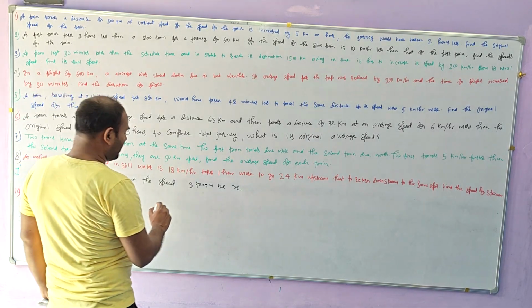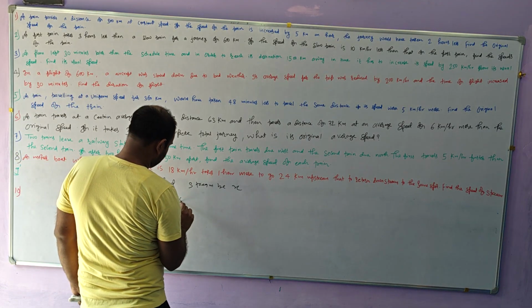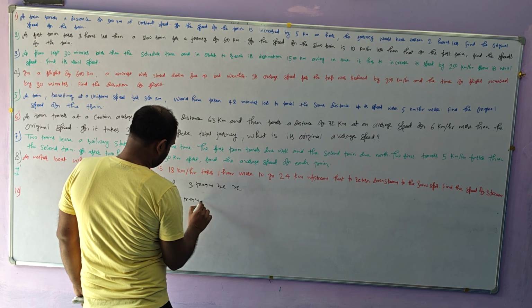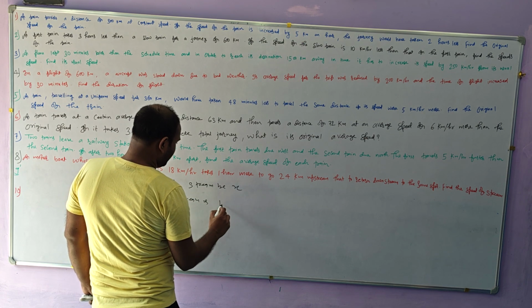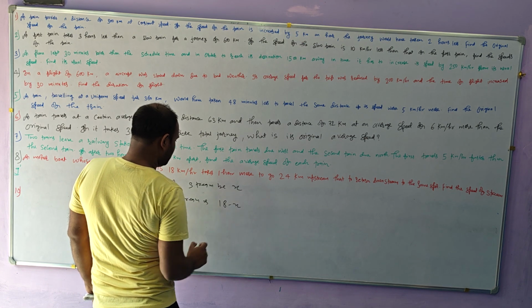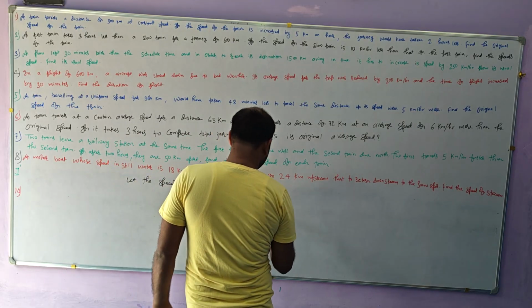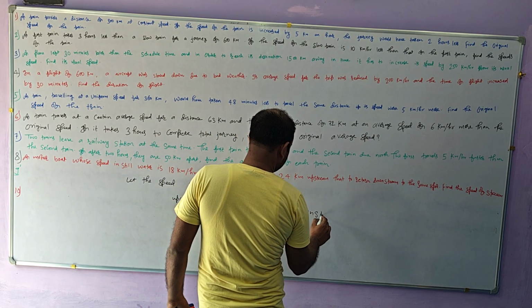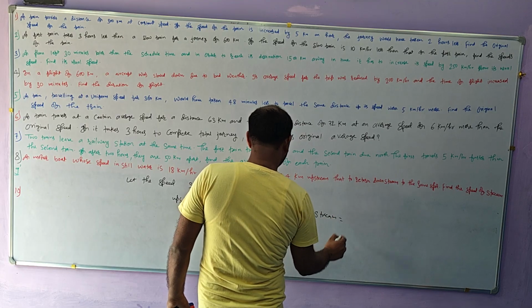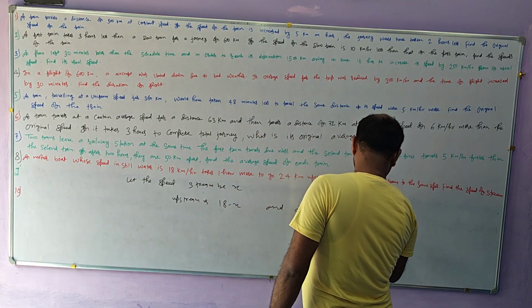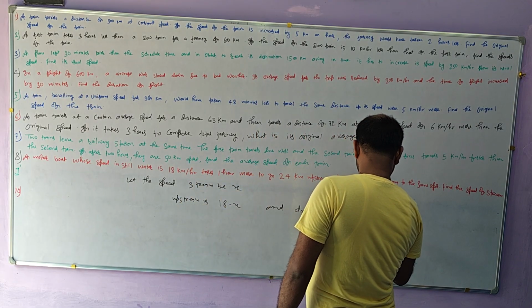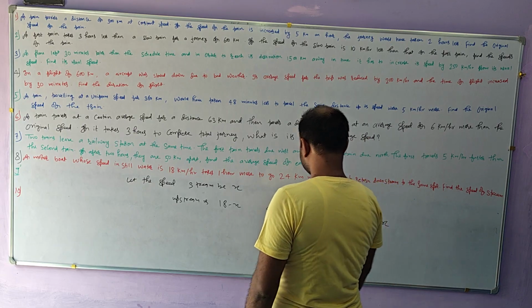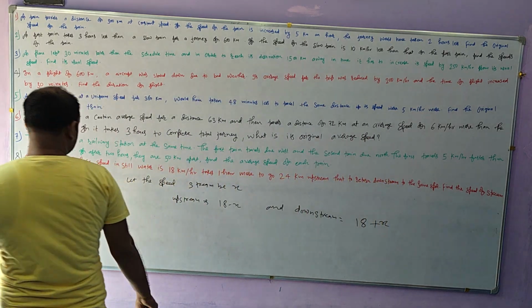That means in upstream, speed becomes 18 minus x, and in downstream, it becomes 18 plus x.